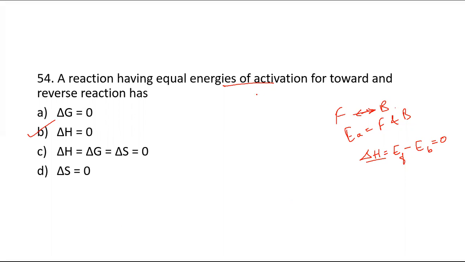Why? Because they are talking about activation energy here. So the energy of forward reaction and backward reaction are both the same, so when we subtract the same values we get 0. Therefore, option B is correct. Change in enthalpy is equal to 0.